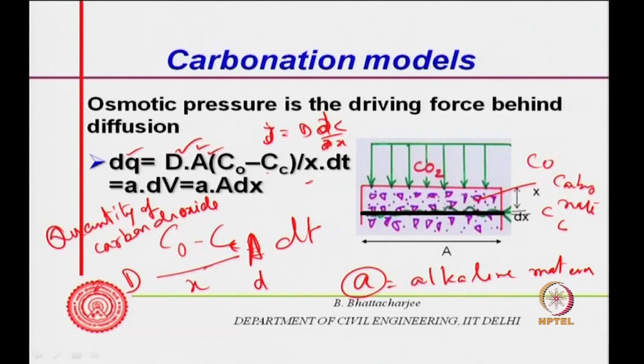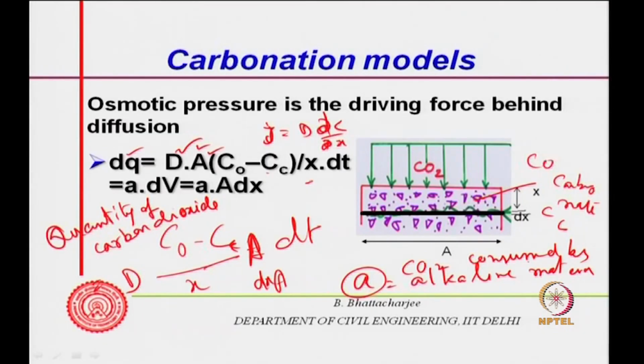So, dx into A is the volume, dV, and total carbon dioxide consumed. Let us say A is the carbon dioxide consumed by alkaline material, which I can find out from stoichiometry if I know the total alkaline material present per unit volume, and multiplied by the stoichiometric factor.